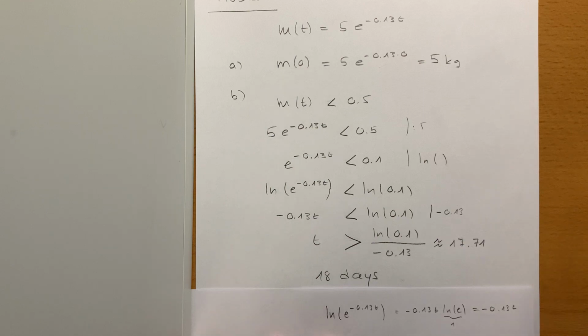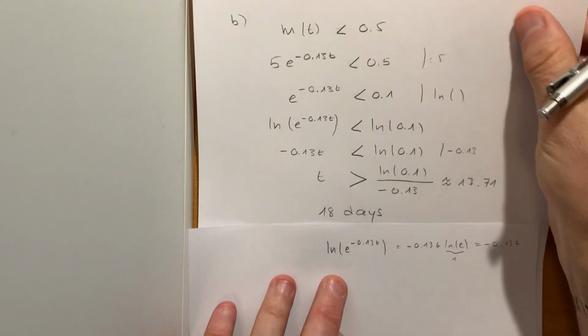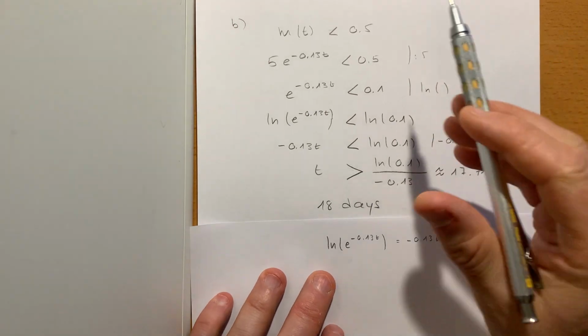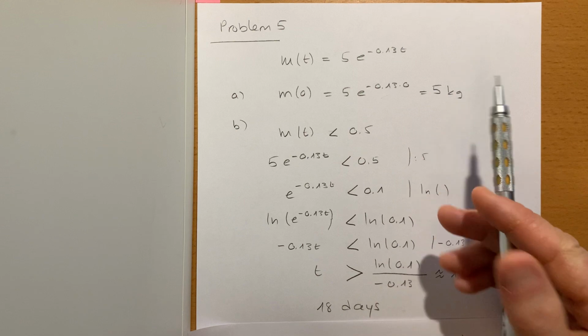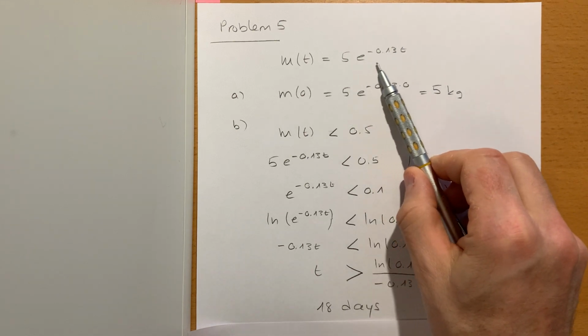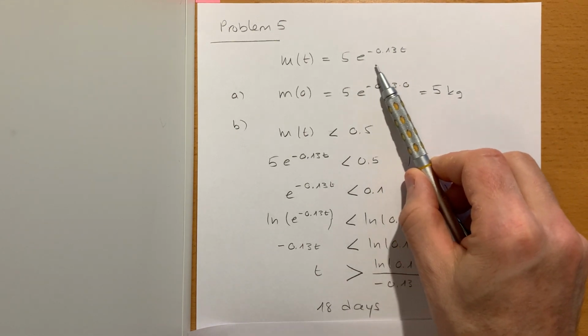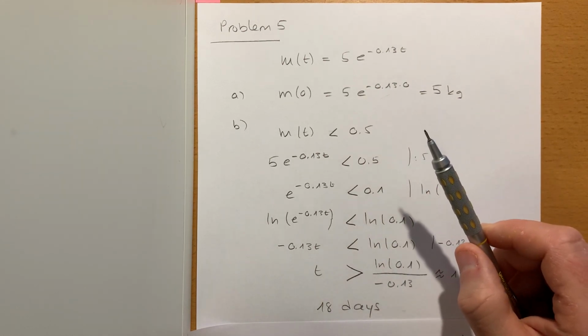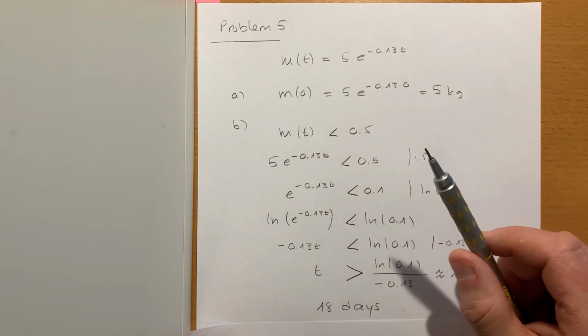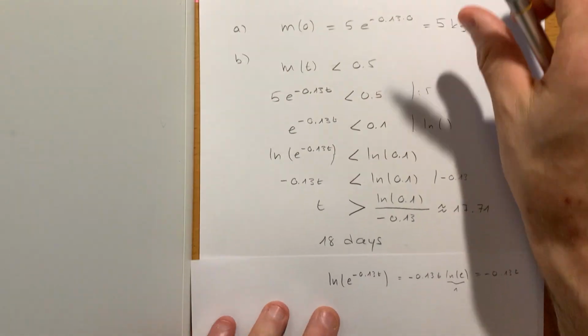Now work out the daily decay factor and the daily decay percentage. Now look, this is the function that we were given. And normally, this up here will show us the daily decay factor and the decay percentage.